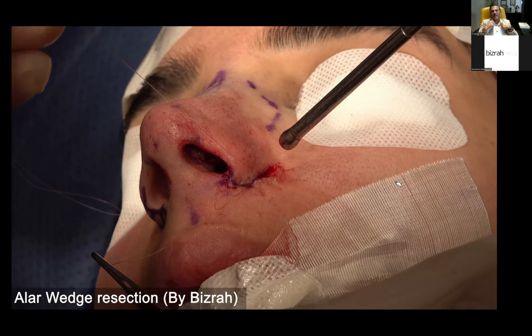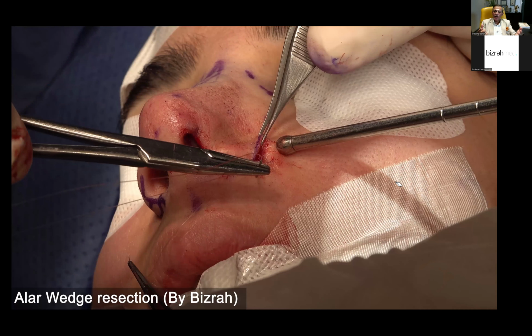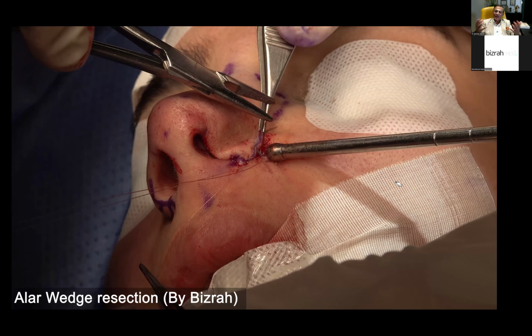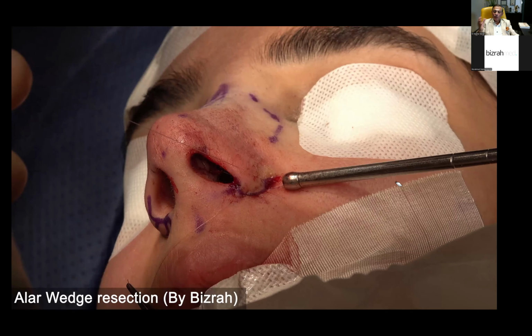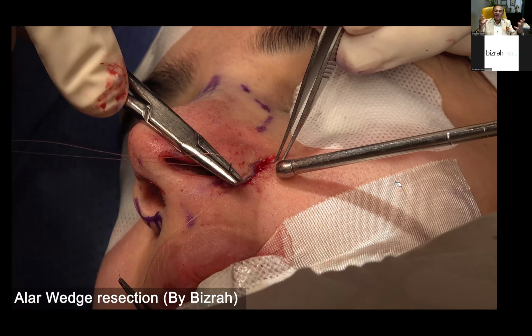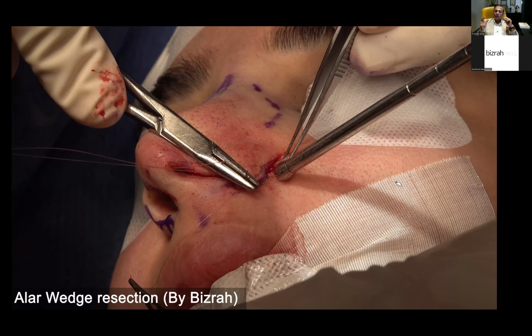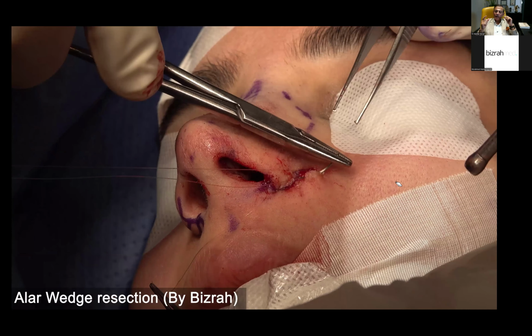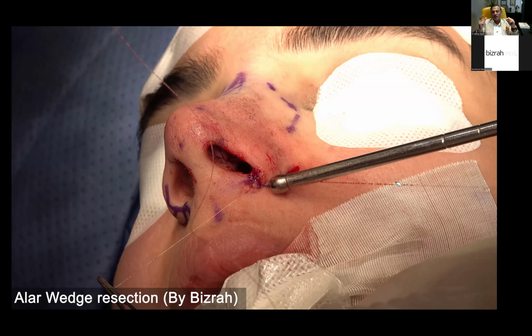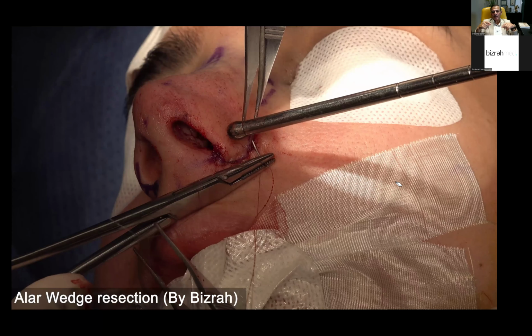In many occasions, I had to look at the patient file and read my operative note to see if I had done alar wedge resection or not, because by looking directly at the patient, sometimes I cannot see any scar. So it's a very beautiful, very nice technique. It also uses absorbable Monocryl, which will save the patient from returning to the surgeon to have the suture removed.